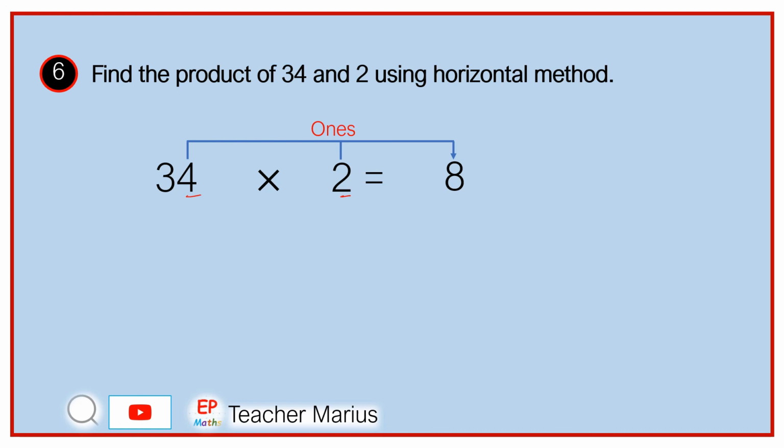Then when we finish ones, we move on to tens. So we get 3 tens times 2. 3 tens times 2, we will get 6 tens. And we write 6 in the space for the tens place, such that we get 34 times 2 equals 68.